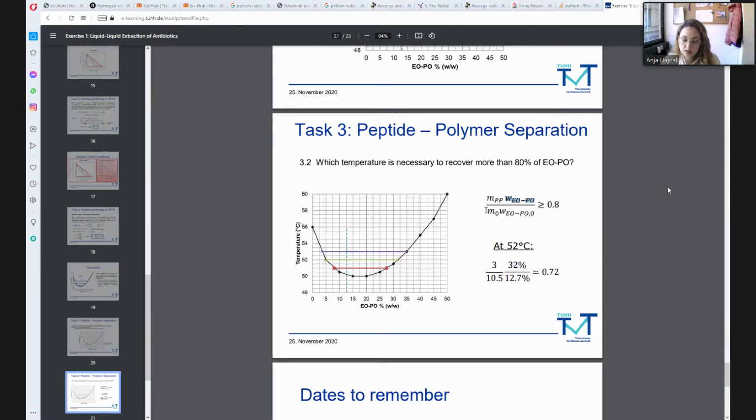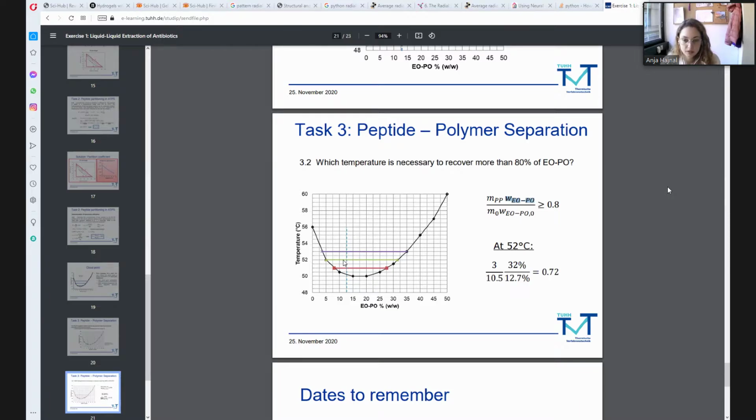And for this mass of the polymer rich phase versus the initial mass, we can apply the lever rule that we also learned on the previous slides. And this lever rule can actually be applied to any diagram. We demonstrated it on the ATPS diagram, but it can also be used here.